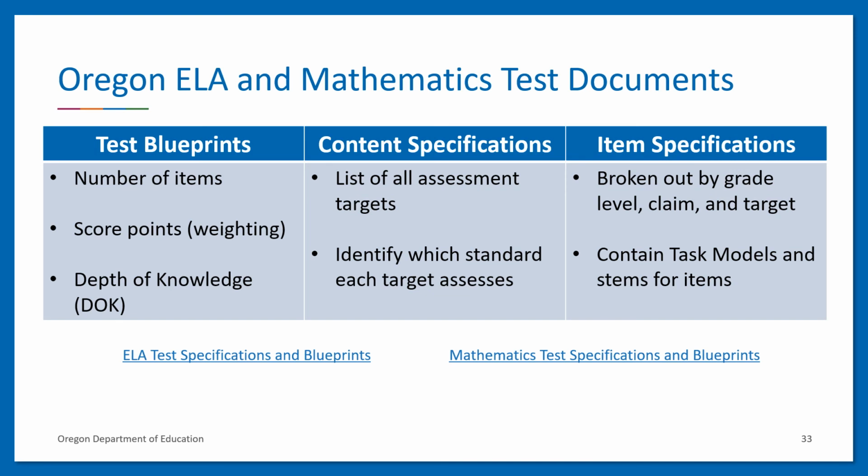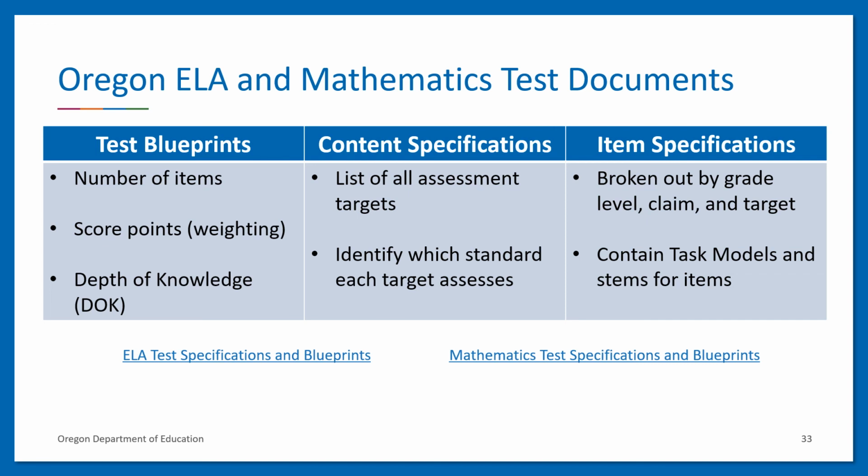Several documents outline the structure of the OSAS, ELA, and Math tests. Links to access these resources are provided at the end of this slideshow. Educators should spend time looking at these materials to help inform how they prepare students to be successful on each test. Test blueprints indicate the number of items included on each test, how each test is scored, and the depth of knowledge intended to be used by students when answering items.